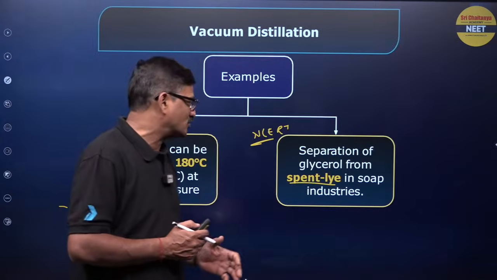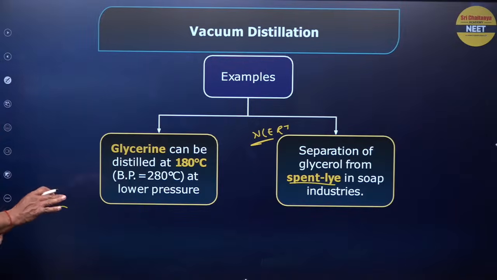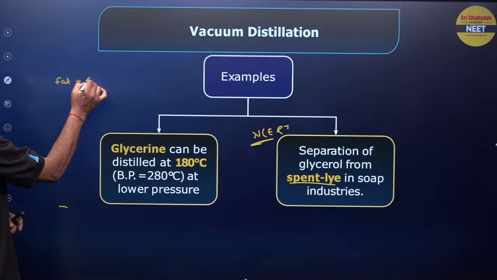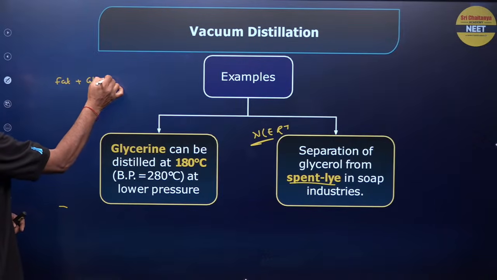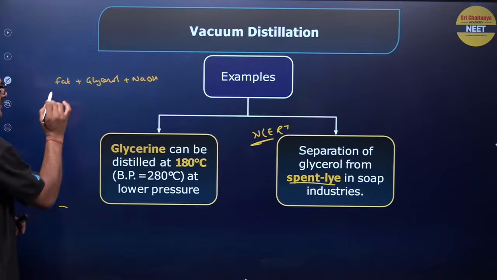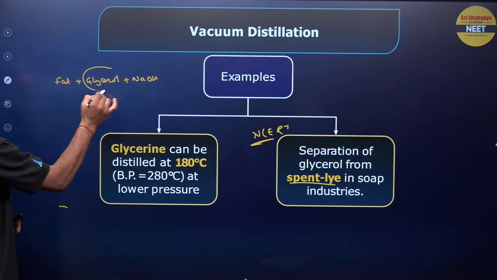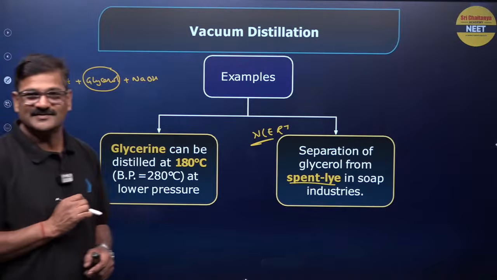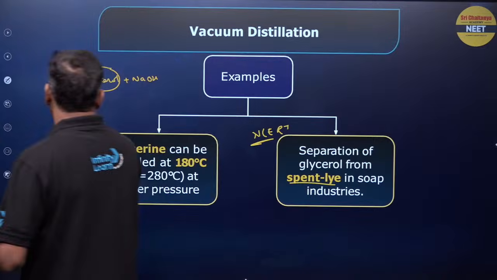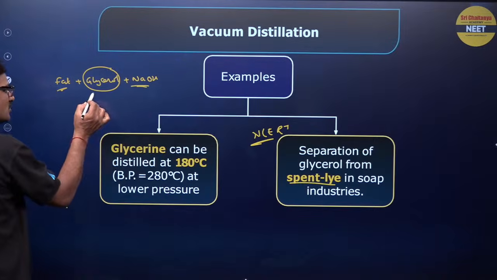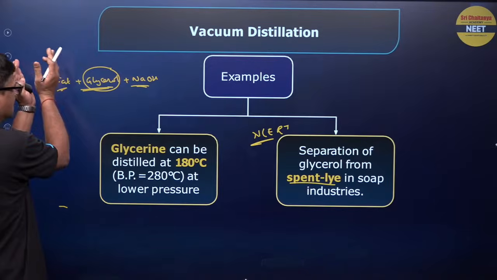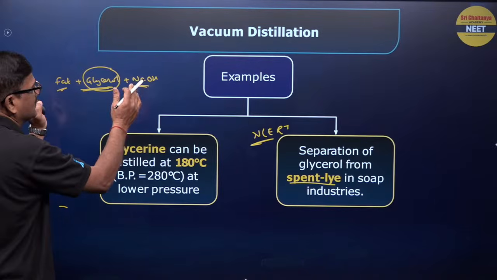What is spent lye? I told you how you prepare soap. You take fat, glycerol and sodium hydroxide, and an excess of glycerol is added. You know Pears soap; this is a glycerin soap. Once the fat saponification happens, excess glycerol is left, so that overall process is completed.